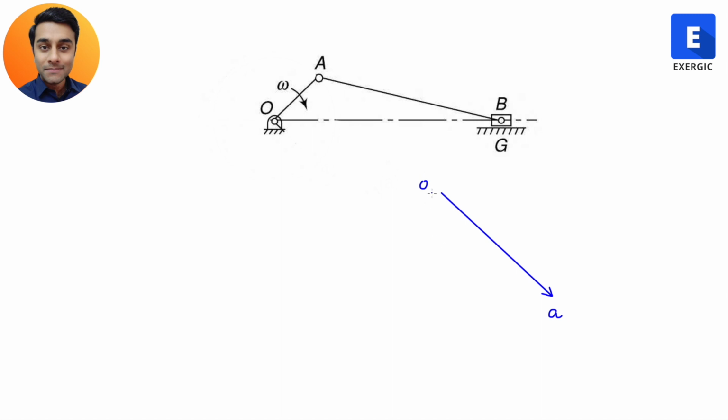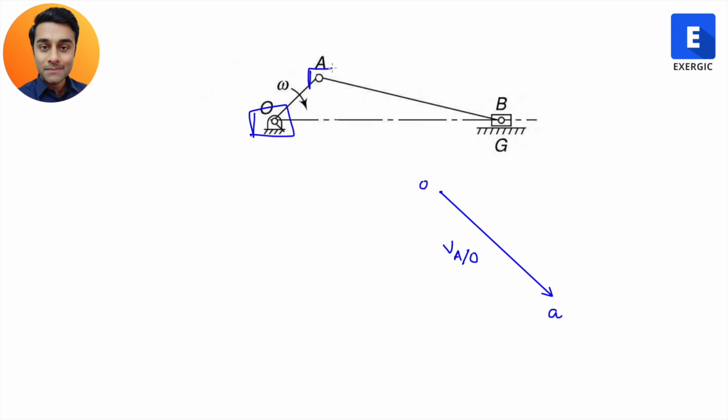Now, this is point O in this velocity vector, this is point A, and this is moving towards A. So it is telling you the velocity of point A, right? That is why I have written capital A with respect to O. Now, O is at rest. O is not moving.